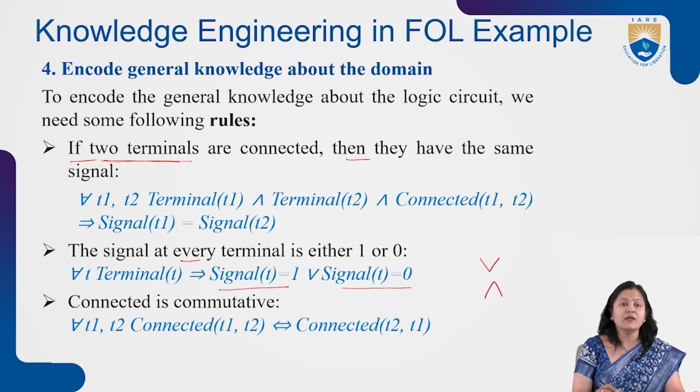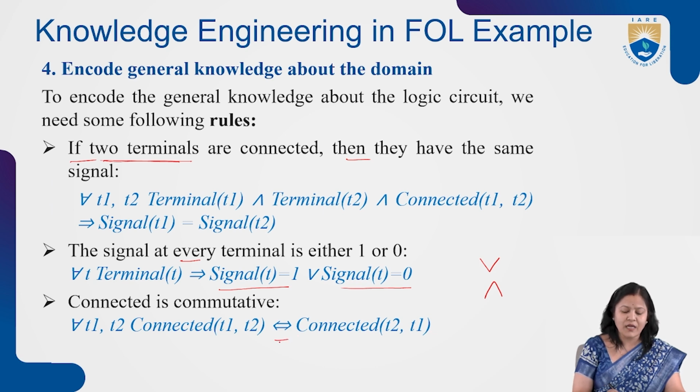Third one: connected is commutative. So connected is commutative means what? If two terminals are connected, T1 and T2 connected, that means T2 and T1 are connected. How can we represent this using predicate logic? For all T1, T2, T1 connected with T2 if and only if T2 connected with T1.